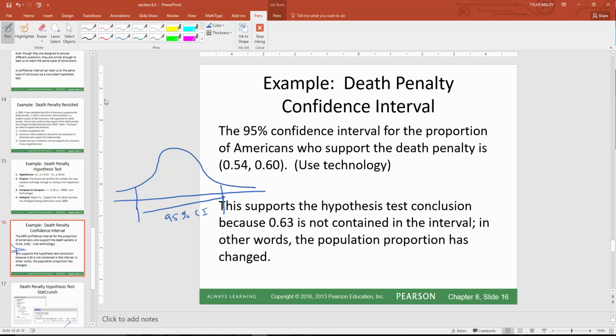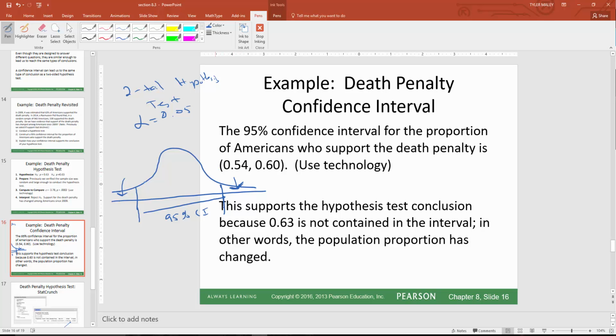If I'm doing a two-tail hypothesis test with an alpha value of 0.05, then I'm also trying to see if my area here and here is less than 0.05.